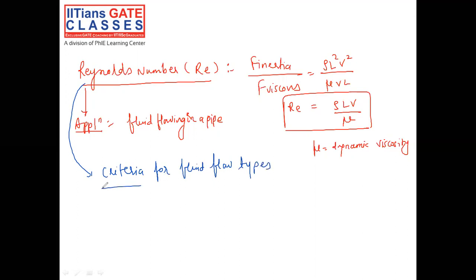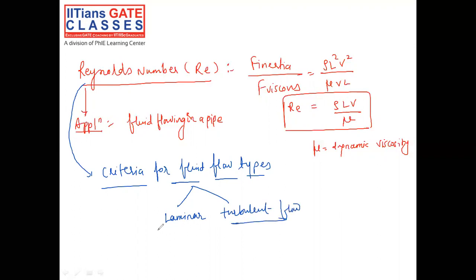Let's assume that we have two types of flow, laminar flow and turbulent flow. Whenever any fluid is flowing inside a pipe, on a flat plate or in a non-circular duct, how can we come to know whether the flow is laminar or turbulent? That is decided by Reynolds number. So it is a criterion for fluid flow types, that is laminar and turbulent flow.